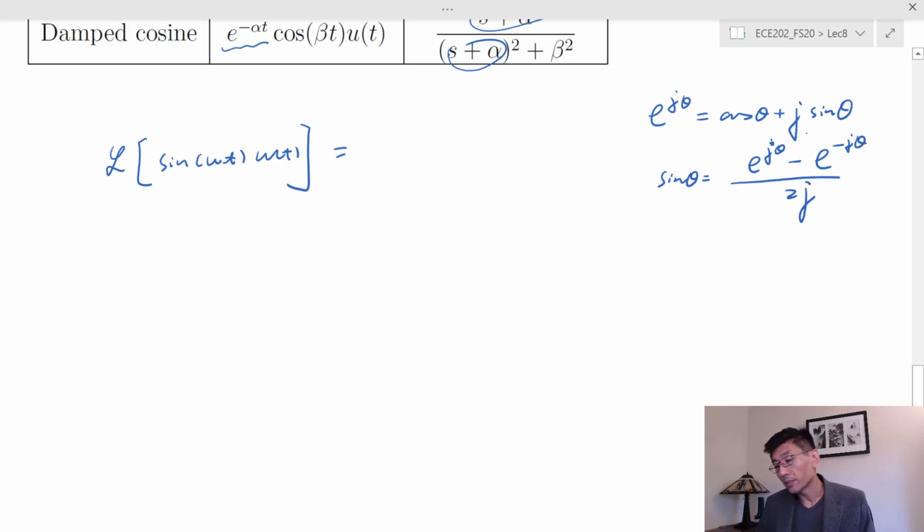Or you can just do the e to the minus j theta. That's going to be equal to cosine minus j times sine, and then you subtract the e to the minus j theta from e to the j theta. You're going to get 2j times sine theta, and so you can divide by 2j on both sides, you get this as well. But in any case, so let's see, this theta is just equal to omega t.